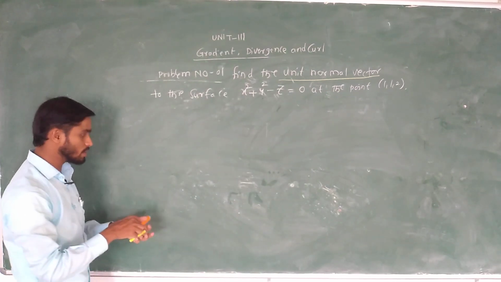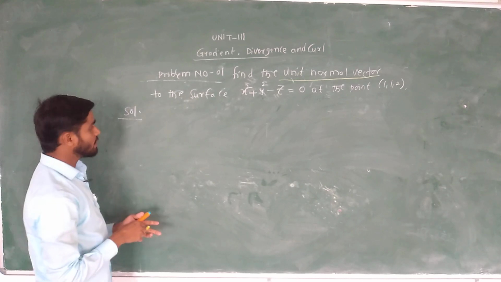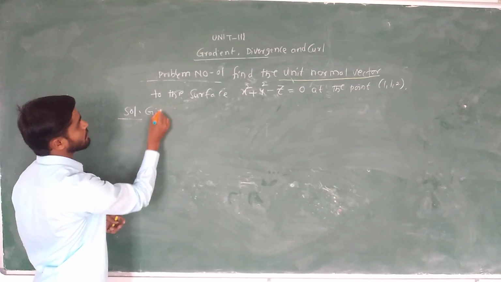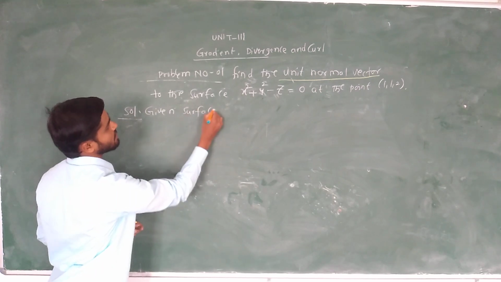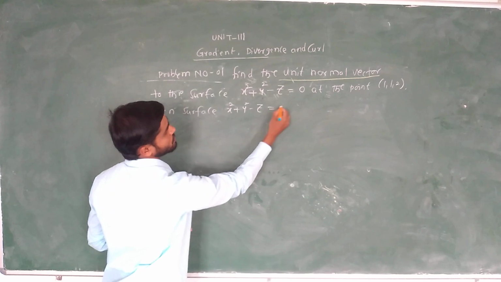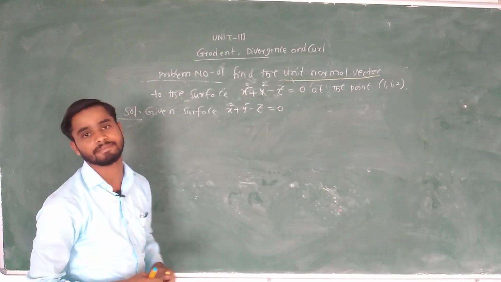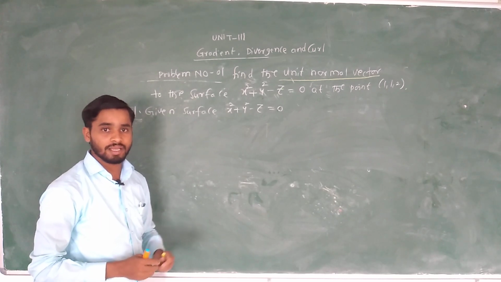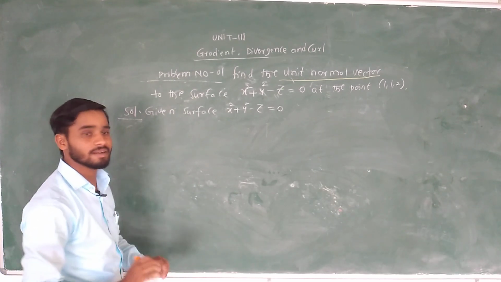So quickly, the solution to this one. Given surface x square plus y square minus z equals to 0. First and foremost, every time we need to write what is exactly given, so that you will get the idea what we need to compute over here.